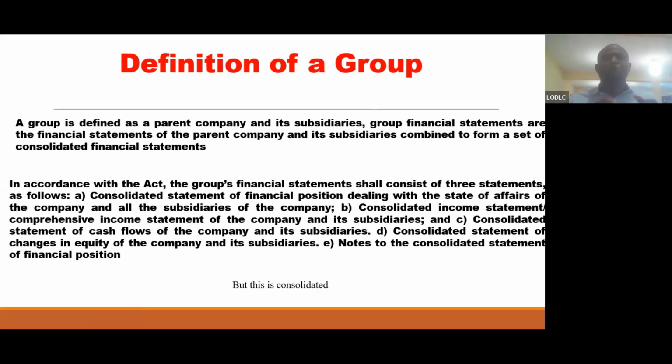Those are the minimum. So what we just need to do as far as a group is concerned is add what? Consolidated to it. When you add consolidated to it, you now have the consolidated income statement, consolidated statement of financial position, consolidated cash flow statement, consolidated statement of changes in equity, etc.